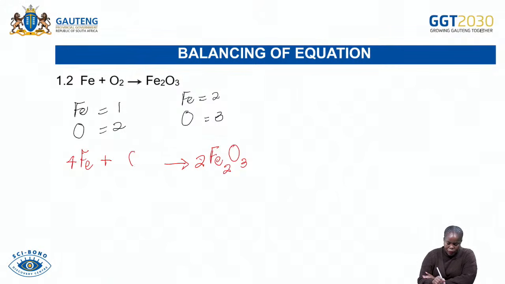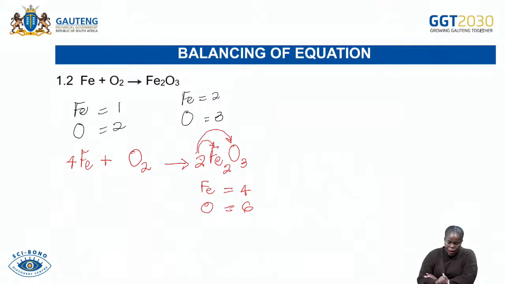Plus I've left my oxygen, but now over here, because this 2 is going to be multiplied throughout, 2 times 2 is giving 4 atoms for iron, and then 2 times 3 is going to give 6 for oxygen. So on this side, I've got iron having 4 atoms, and then I've got oxygen having 6 atoms.